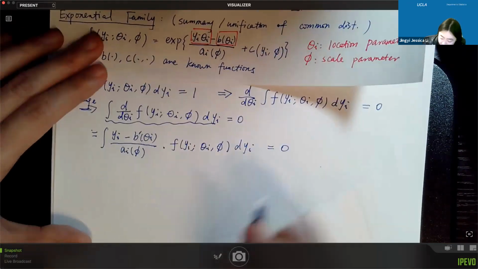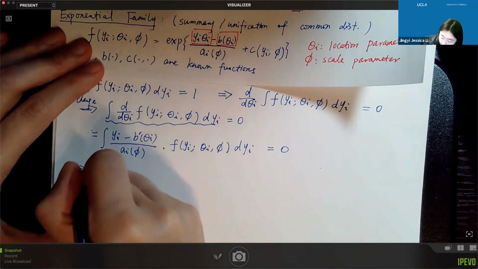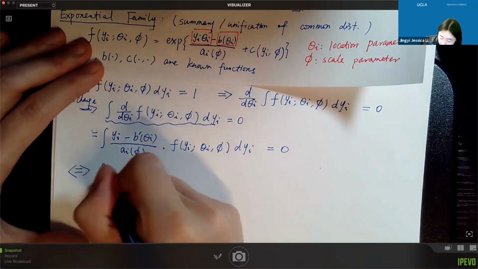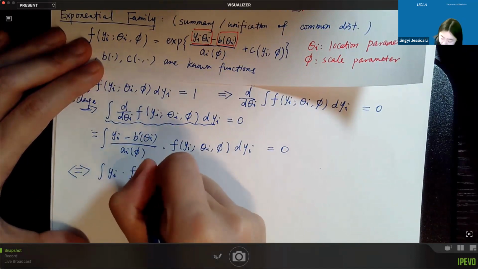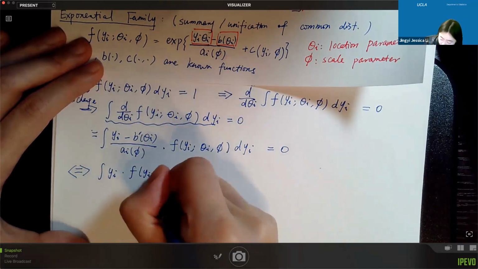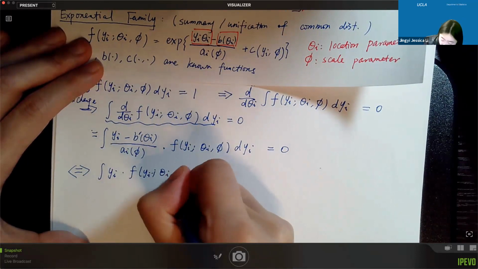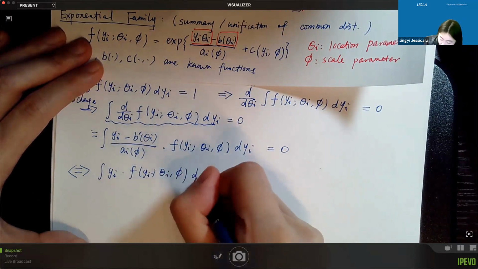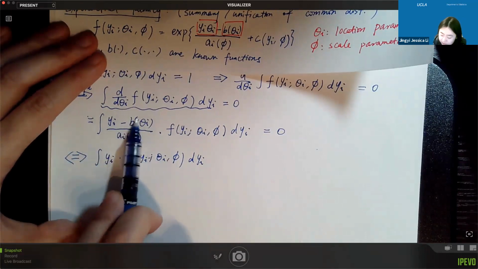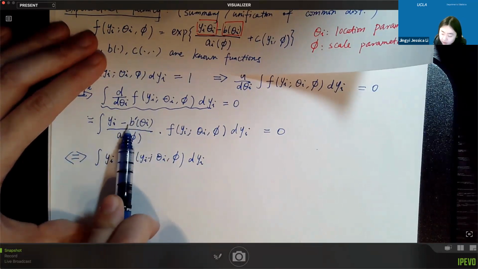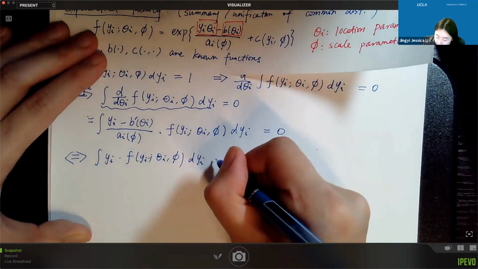Basically this gives me the integration of yi times f(yi, theta i, phi) dyi. That's the first part. It is equal to the second part, and because of the negative sign, I move it to the right-hand side.